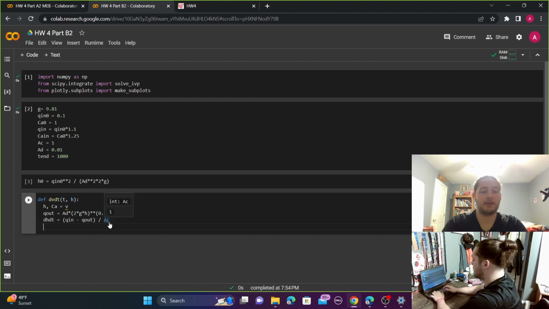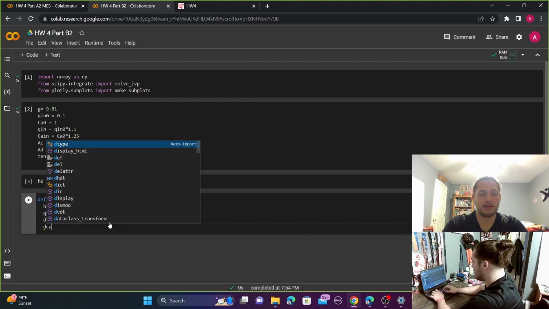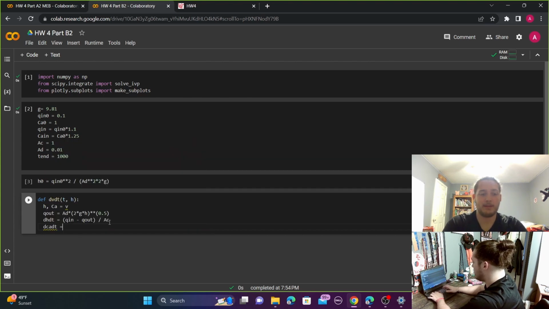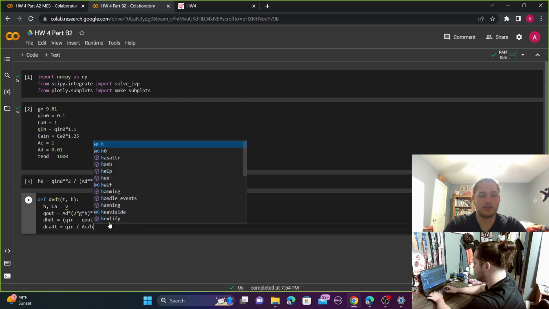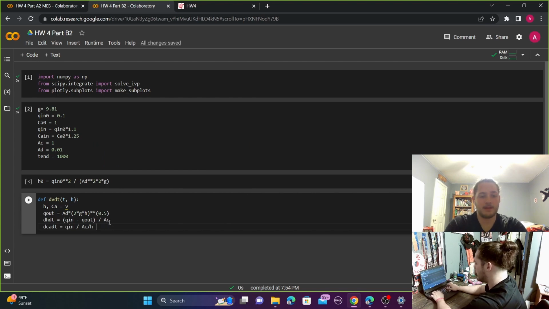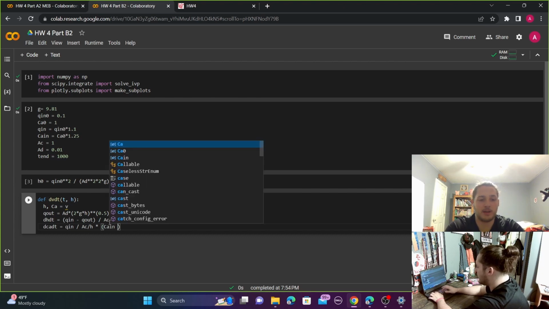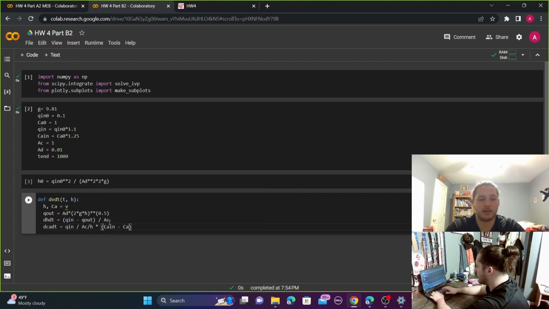Next, we are going to input the rate of change of our concentration over time, and we can call that dCA dt. And we're going to set that equal to Q in divided by the cross-sectional area, and that is also divided by H, and then this is going to be multiplied by the concentration in subtracted by the concentration.